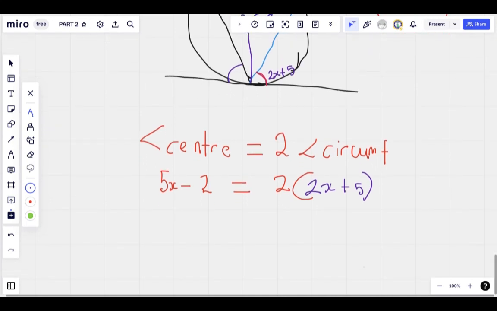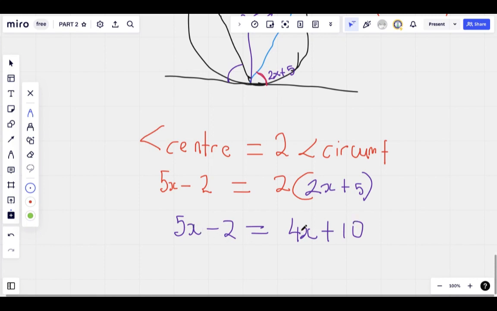Okay, now we just simplify. On the left, we have 5x minus 2 is equal to, we expand this bracket. 2 times 2x, we get 4x. And then 2 times 5, we get plus 10. Then we collect like terms.